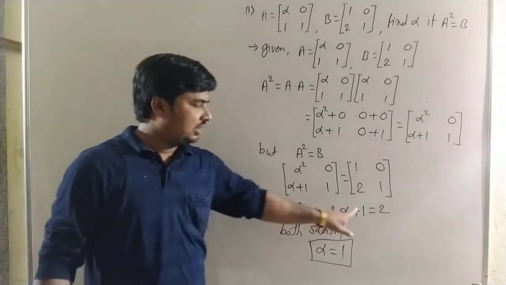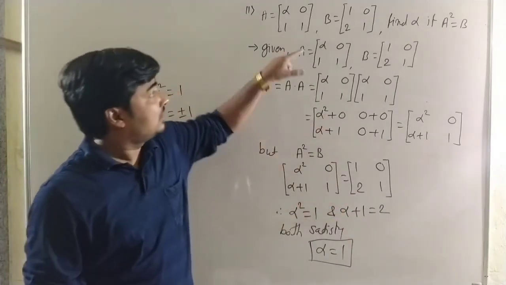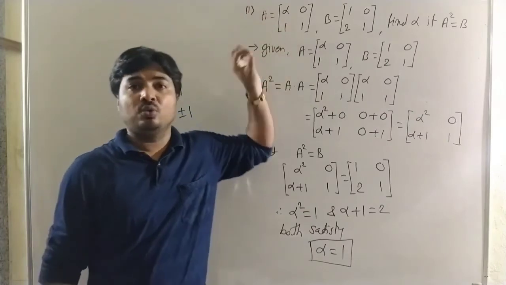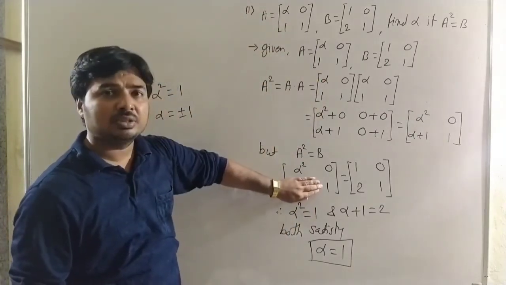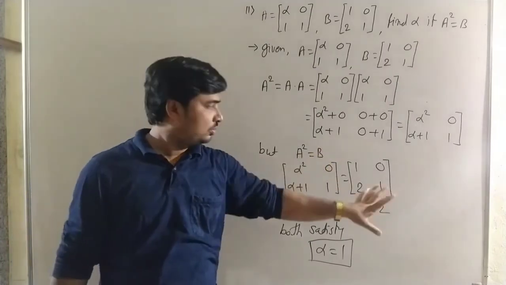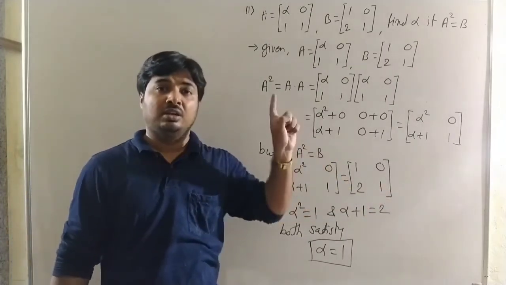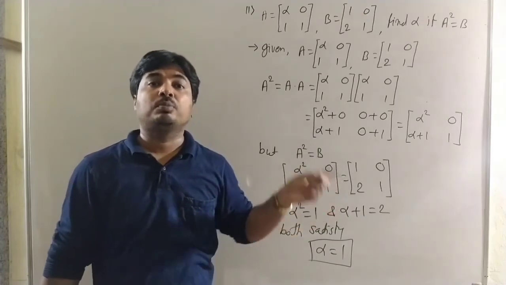Alpha is equal to 1. Okay, see carefully, if this condition is not in the equation, only alpha square is equal to 1, one condition, then the values of alpha are plus or minus 1.